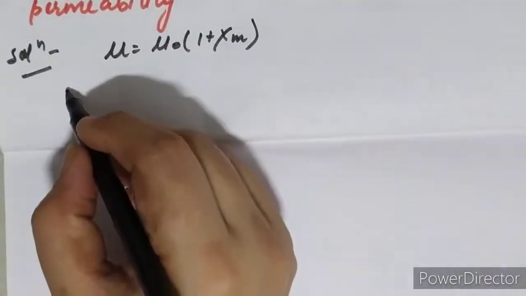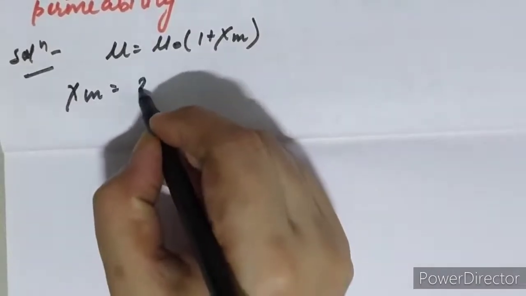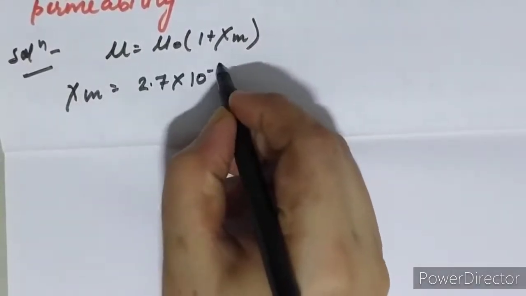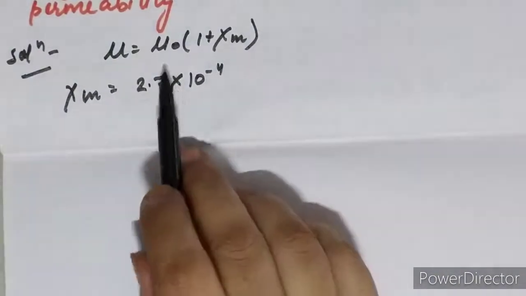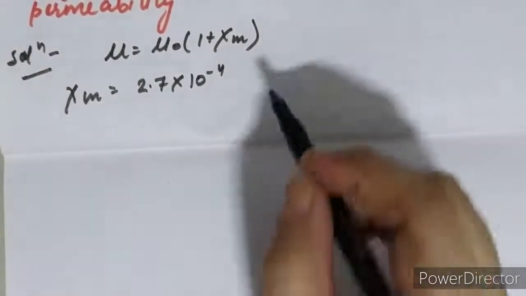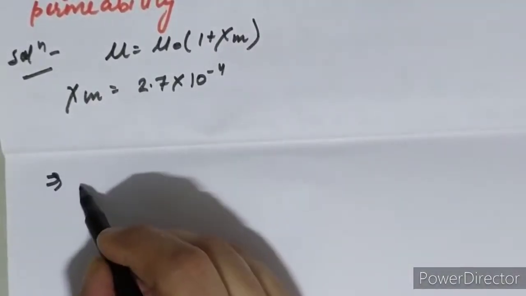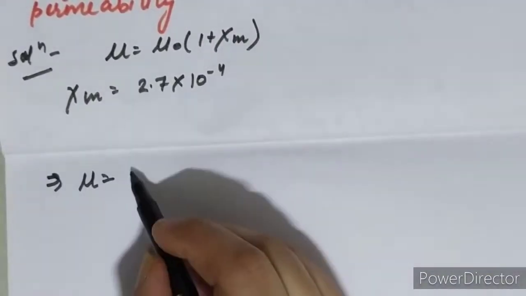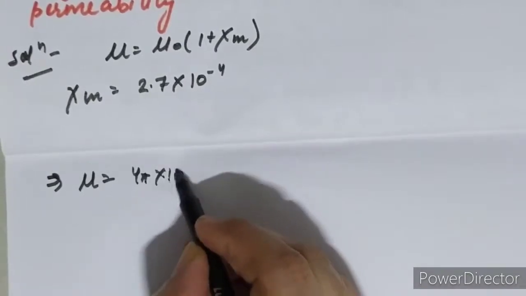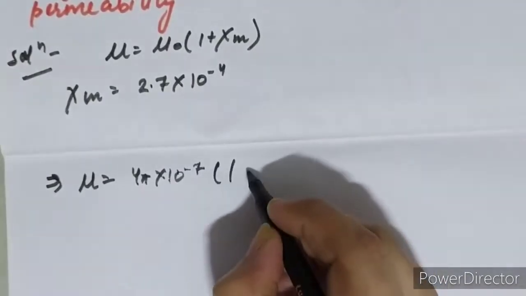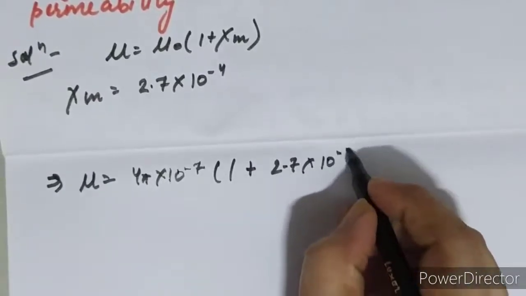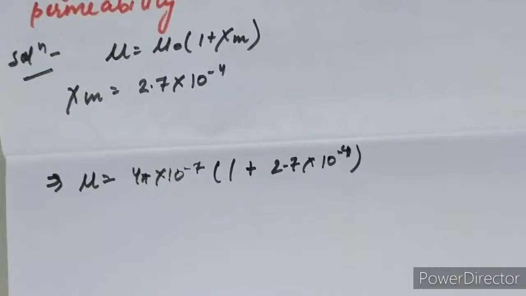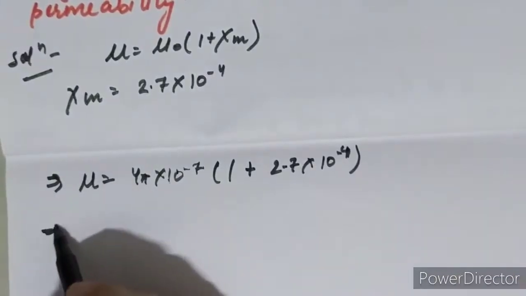Chi m has been given in the question, 2.7 into 10 to the power minus 4. Now simply put all the values in this equation. Mu equals 4 pi into 10 to the power minus 7 into 1 plus 2.7 into 10 to the power minus 4.